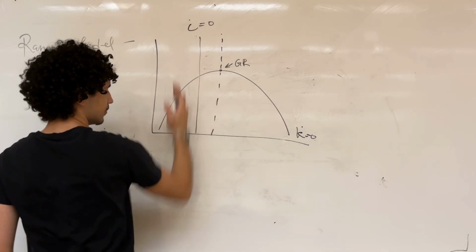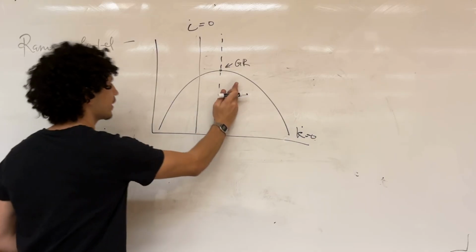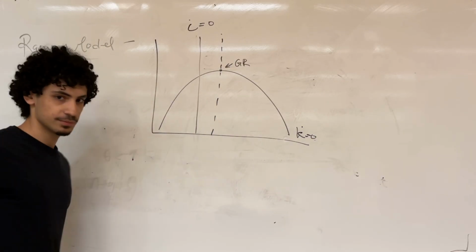So this line in the Ramsey model can never exceed the golden rule.